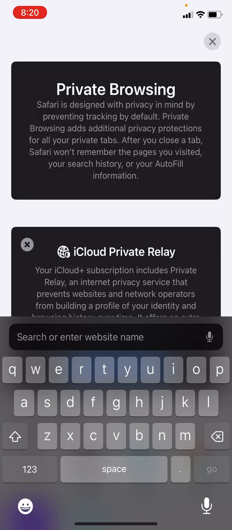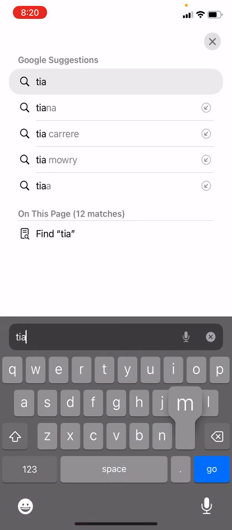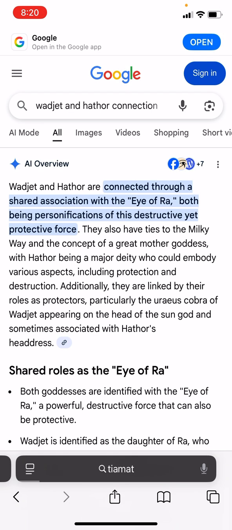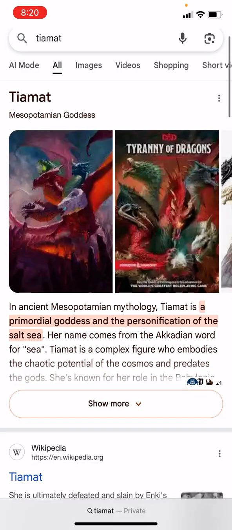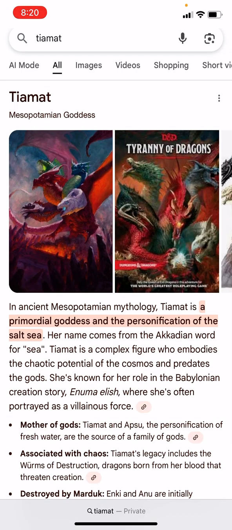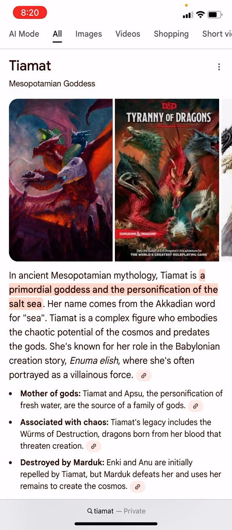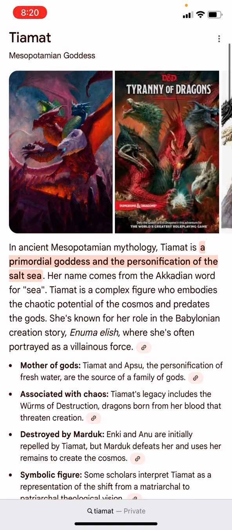Because in Babylonian mythology, Tiamat is based off of a sea monster. In ancient Mesopotamian mythology, Babylonian, it's still a Babylonian creation story. It says Tiamat is a primordial goddess and the personification of the sea salt. Okay? The salt sea.